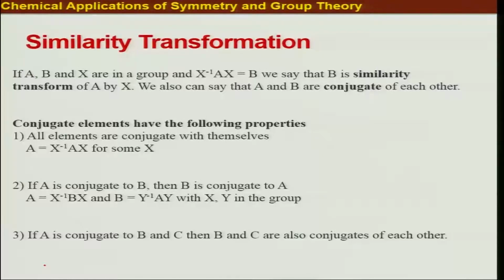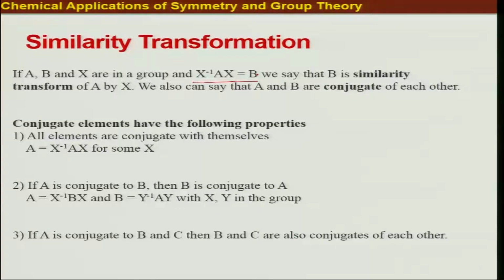If you pay a little attention to the screen, you will see the definition of similarity transformation. Suppose you have A, B and X as elements of a particular group, and X inverse A X equals B, which is also another element of the group.